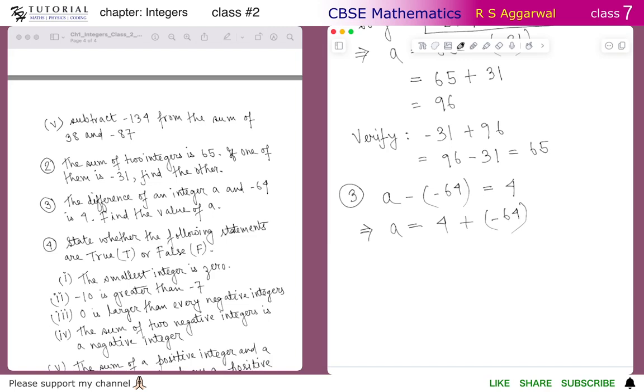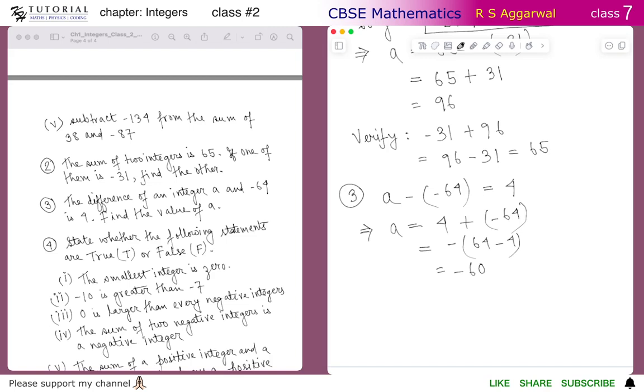Now this is the addition of minus 64 with 4, and as per the rules of adding two integers of unlike sign, this will be minus 64 minus 4, and this is minus 60. So the integer a is minus 60.